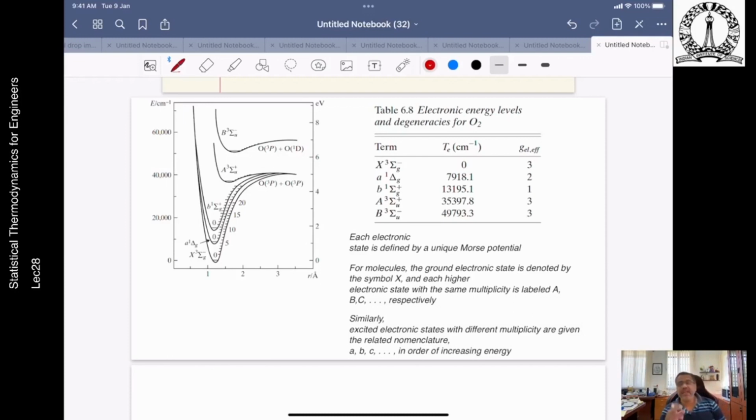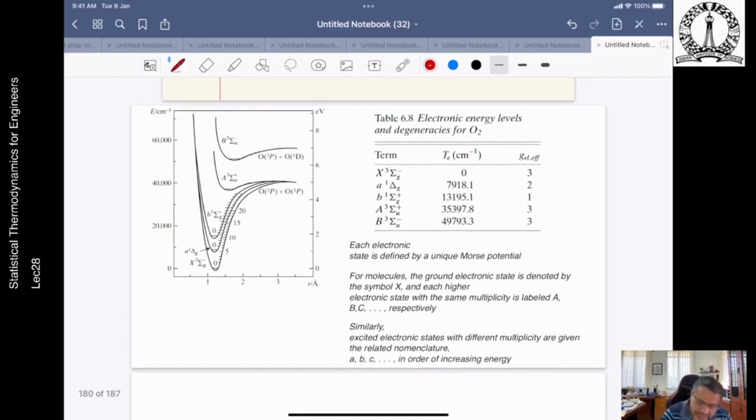Usually we say that the energy difference produced by lambda doubling is much smaller than that produced by spin splitting. So in accordance with it, we can now generate these kinds of tables, which are basically the electronic energy levels and degeneracies for oxygen here.